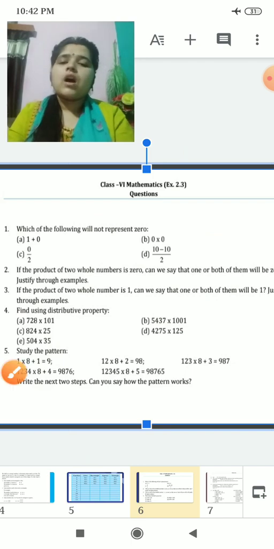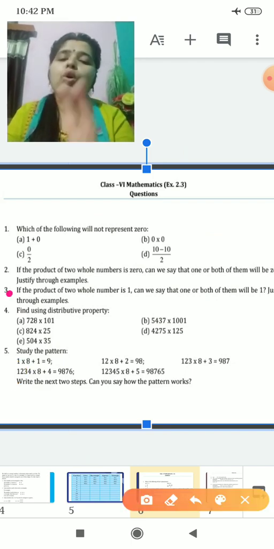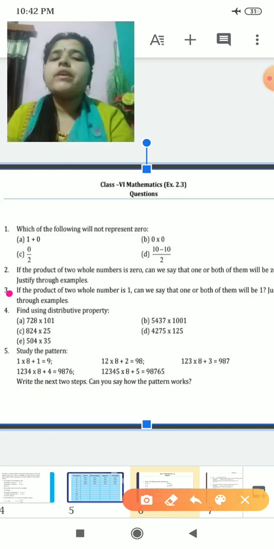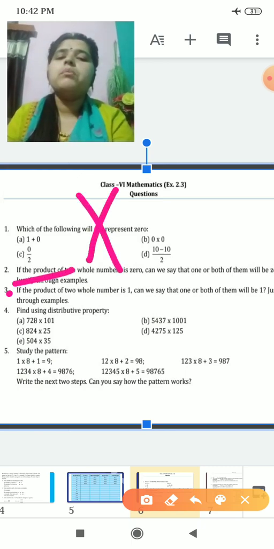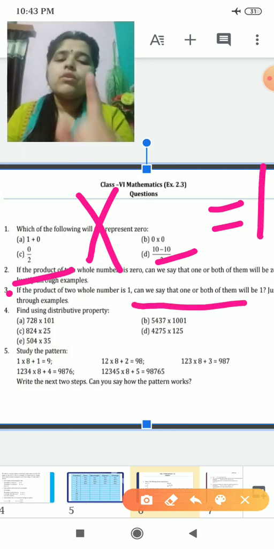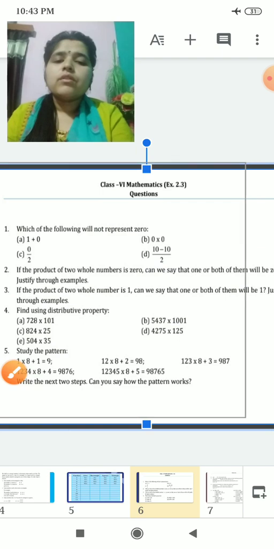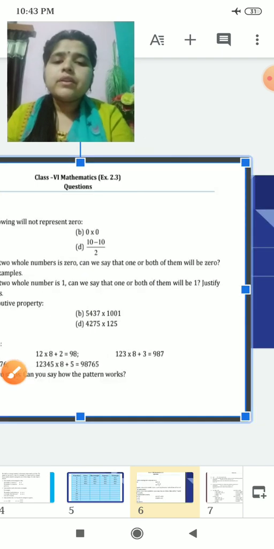Okay, now our third question is, if the product of two whole numbers is 1, meaning when you are multiplying two whole numbers and you are getting the product 1, can we say that one of them will be 1 or both of them will be 1?